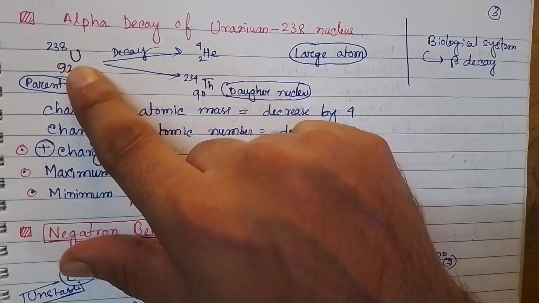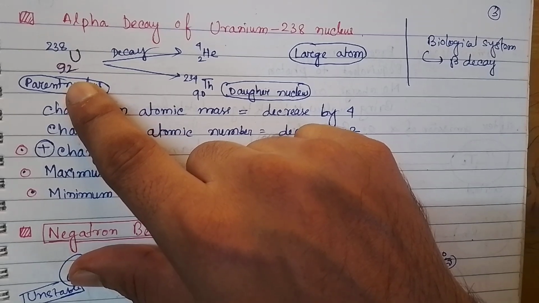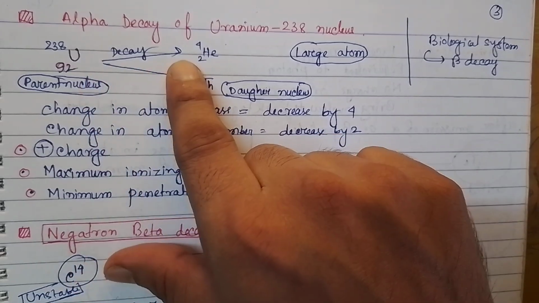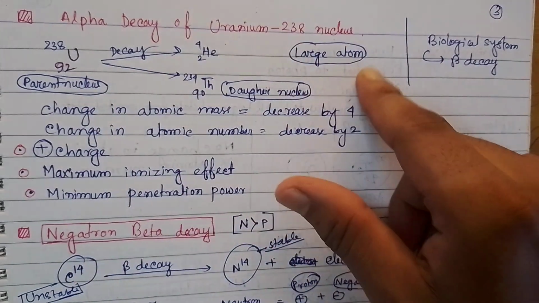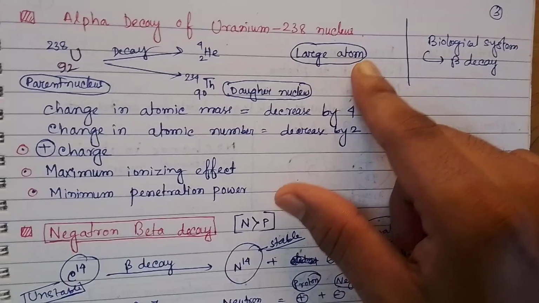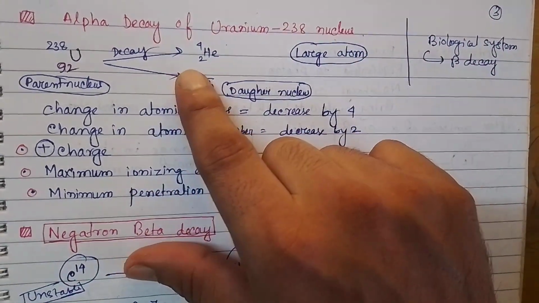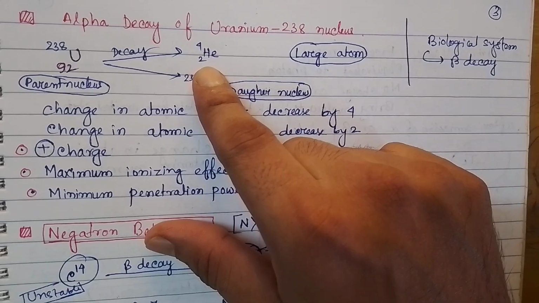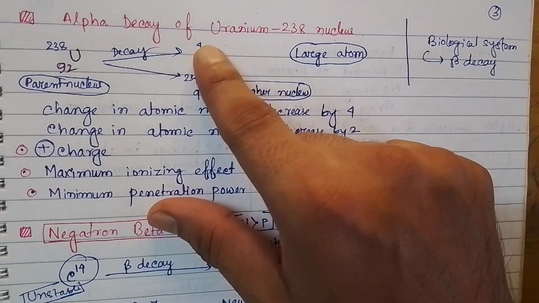For uranium, the atomic number is 92 and the mass is 238. It is a large atom, that's why it is unstable. If it decays, it emits a helium nucleus, 2 protons and 2 neutrons, with a mass change of 4.